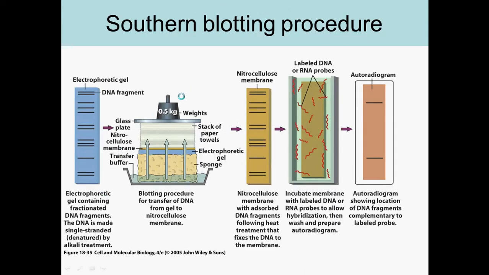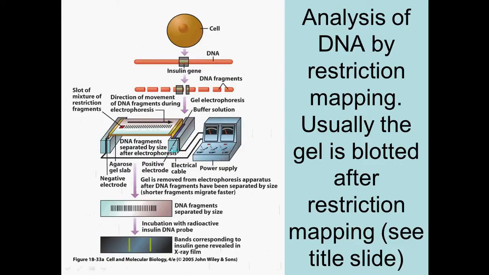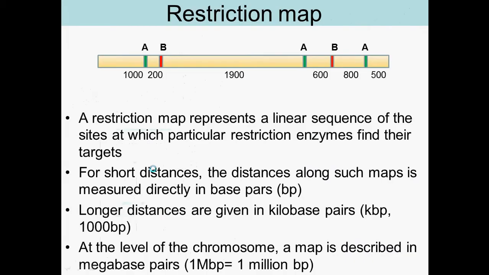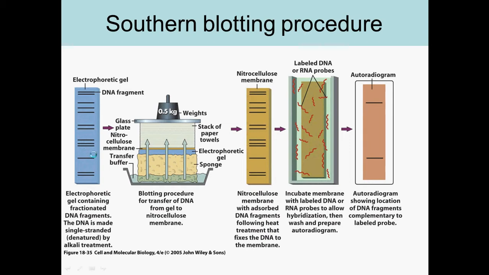So then the blotting technique, the procedure for that is, you have the gel over here, you take that gel and you have the DNA fragments like this, and then you put the gel over here, a tray, and you've got a transfer buffer, sponge, and the gel here, and then you have the membrane, and you've got paper towels and a glass and a weight.